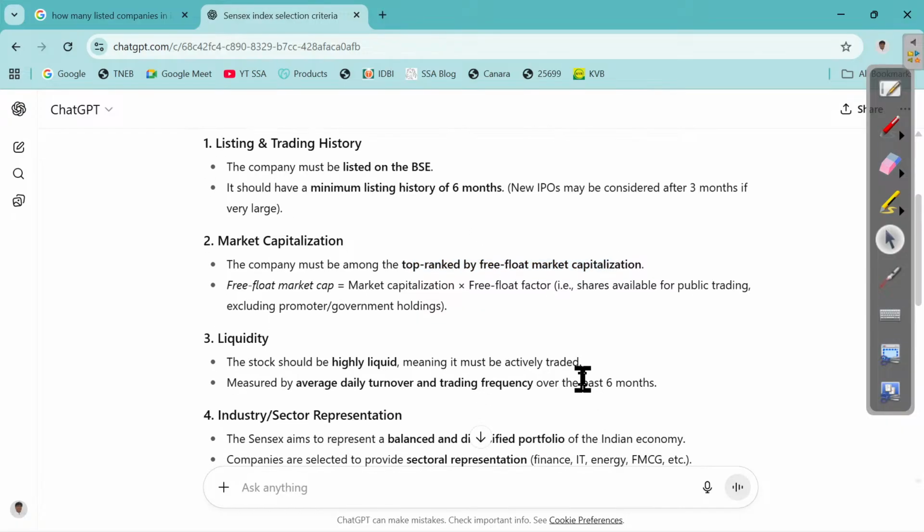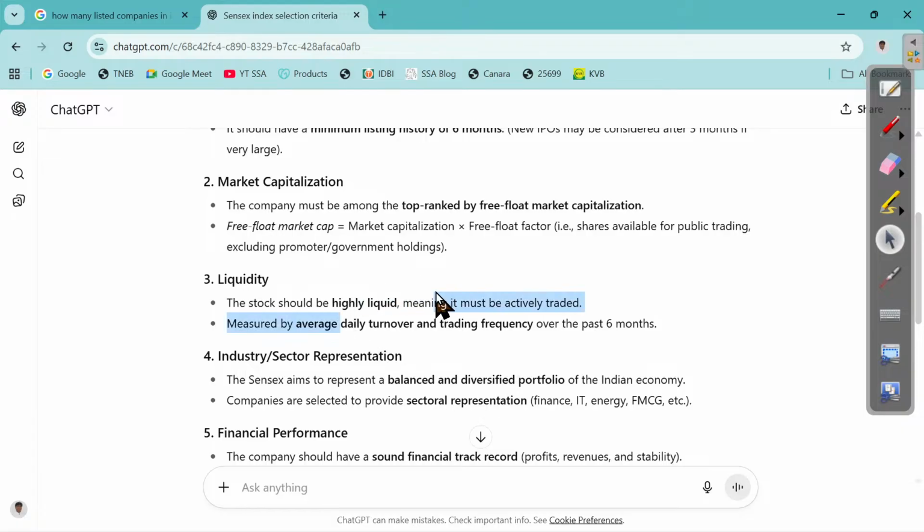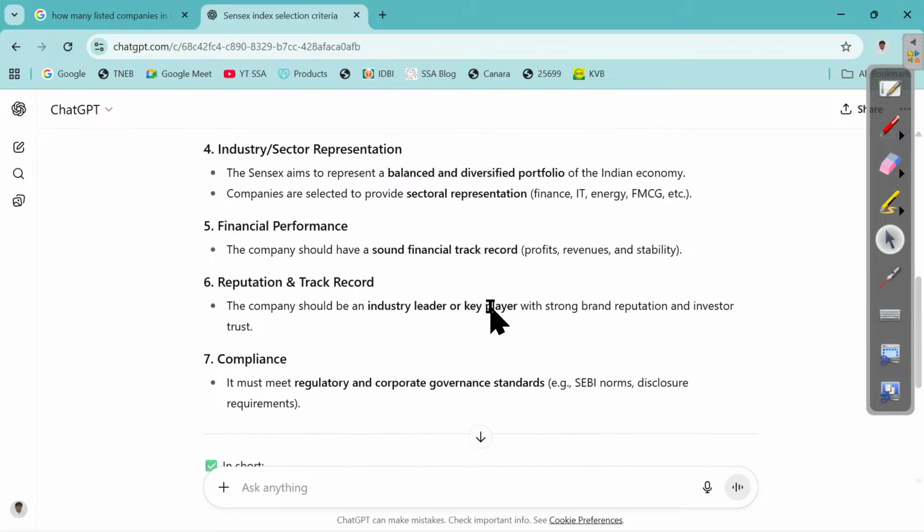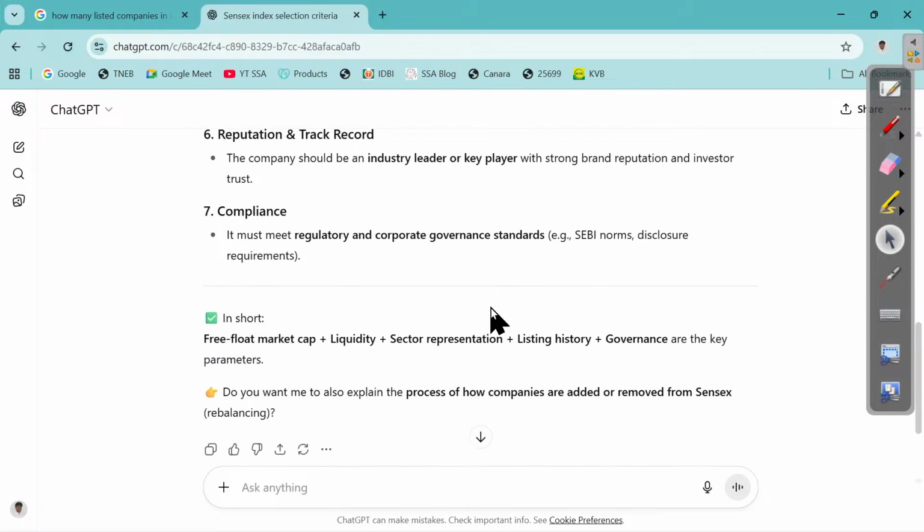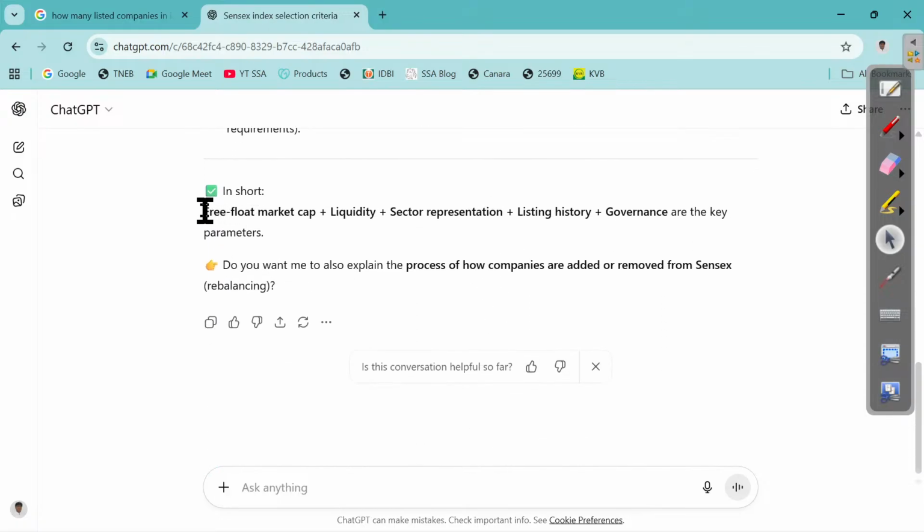Then liquidity, daily turnover, industry, financial performance, reputation, compliances. We have to consider all the factors: free float market cap, liquidity, sector representation, listing history, governance. Based on that, these 30 companies and 50 companies are chosen.